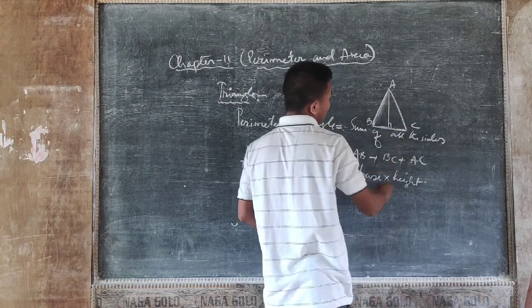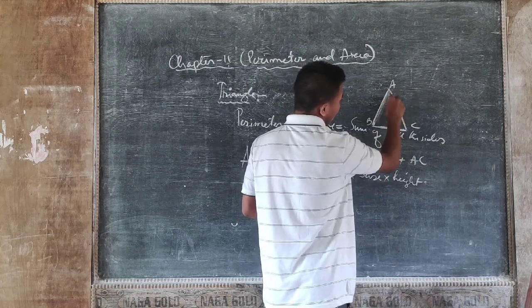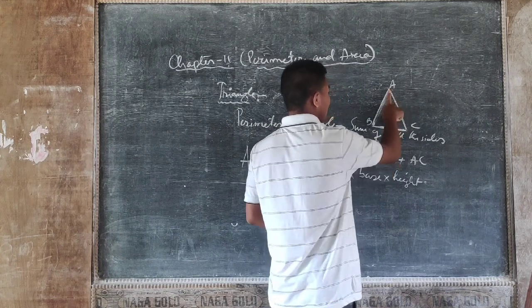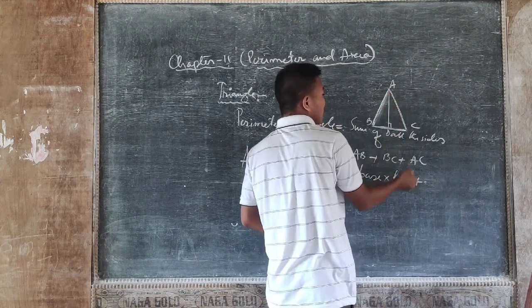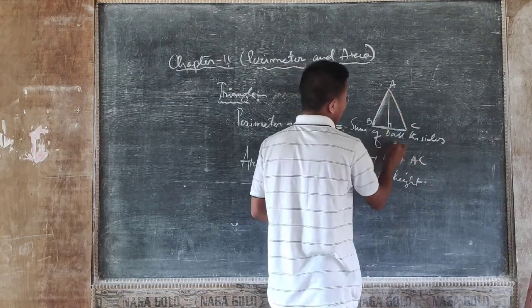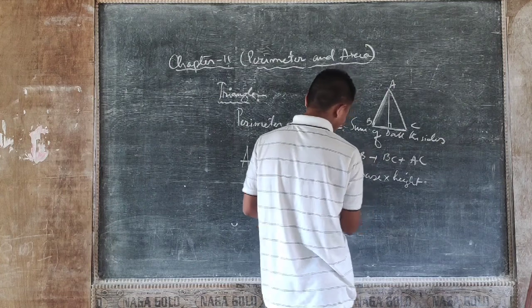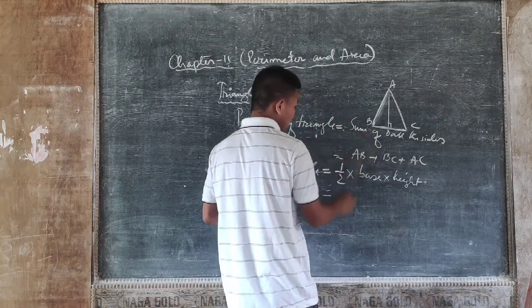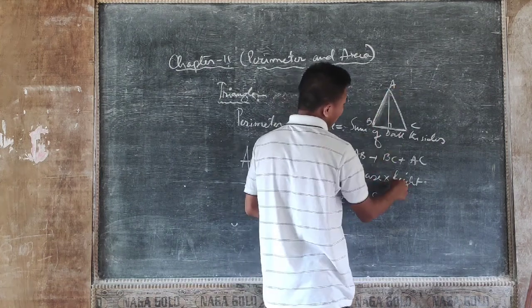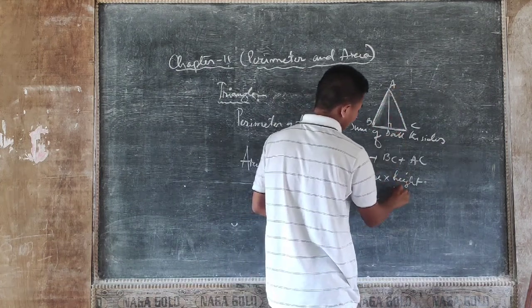So this, and let us say that this line is AD. This line AD will be called the height, and the side on which this AD stands will be called the base. Suppose in this triangle ABC, your base is going to be BC and your height is going to be this AD.